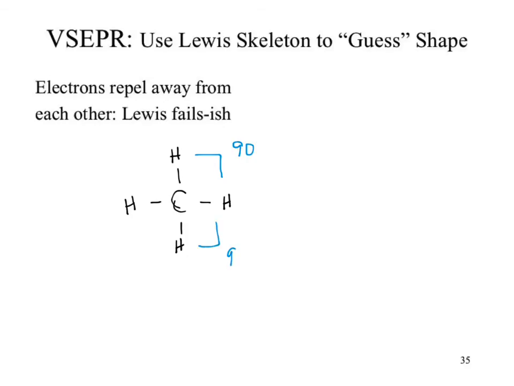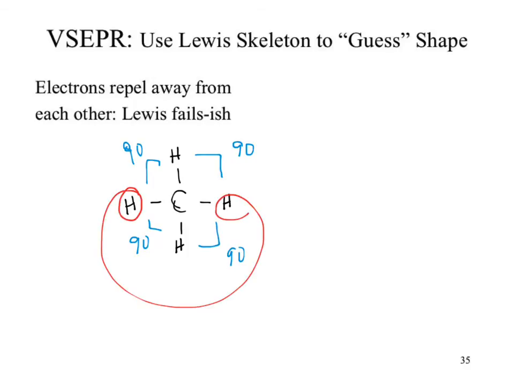Which we might say, well, that's kind of the point, because all the hydrogens are the same, which means I would expect the same bond angle across the board. Well, they're all 90, aren't they? No, good, no. What's the bond angle? 180. Lewis structure fails its shape.